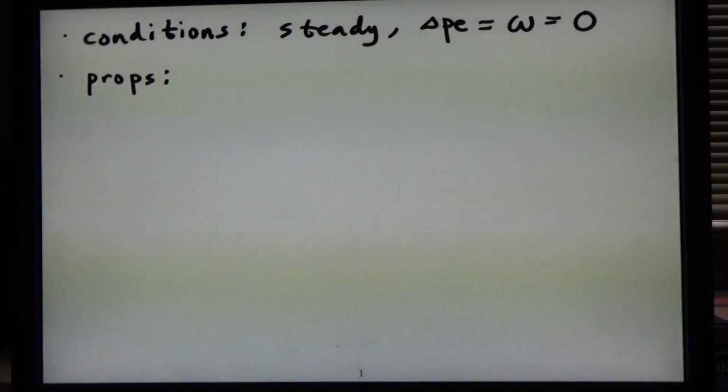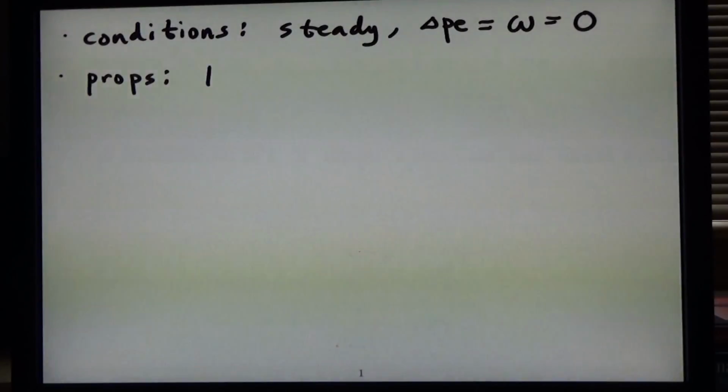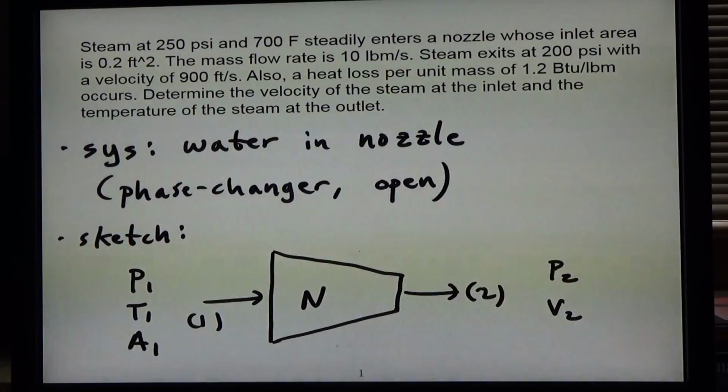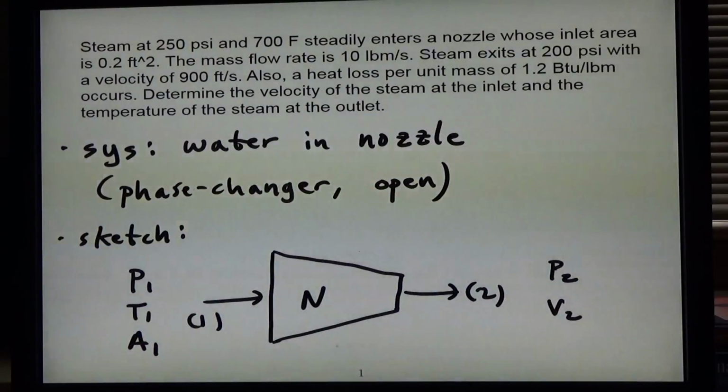Next, we list out all the properties that we're given. So we're told that the inlet pressure is 250 psi. The inlet temperature is 700 Fahrenheit. Next we have the inlet area is 0.2 feet squared.